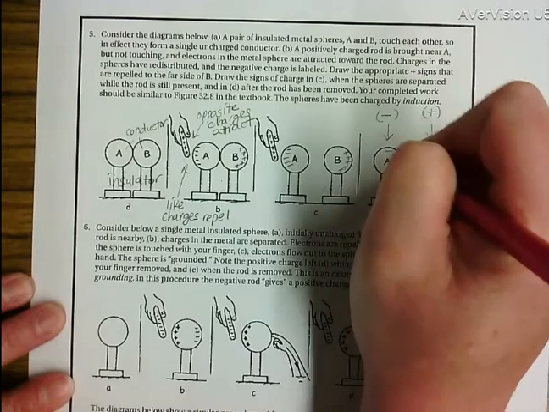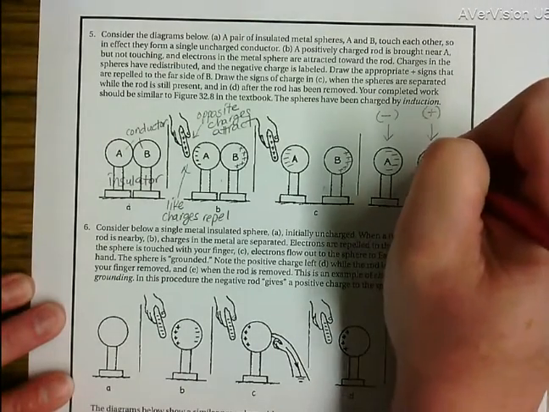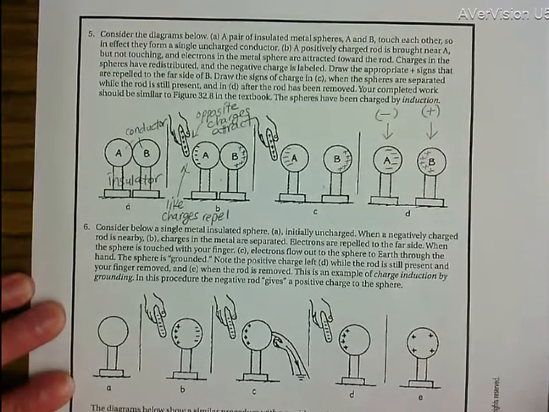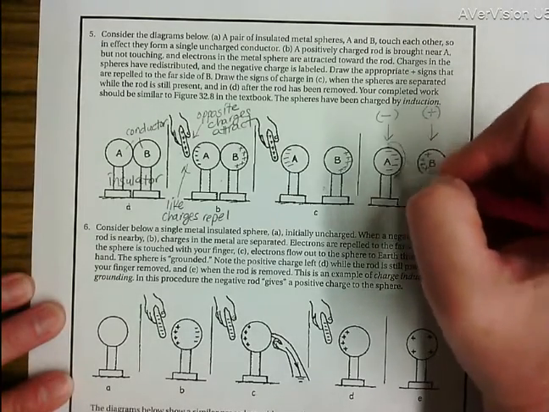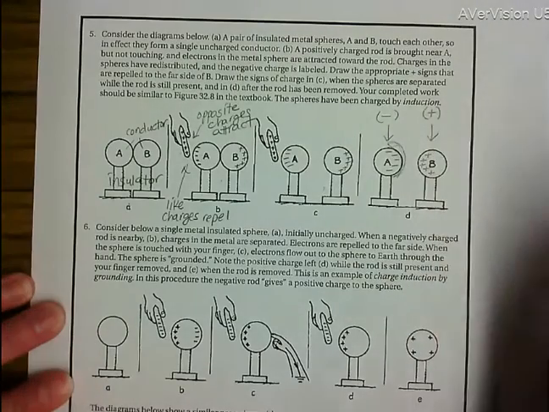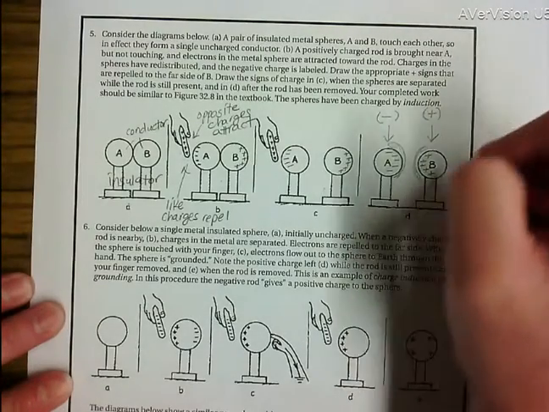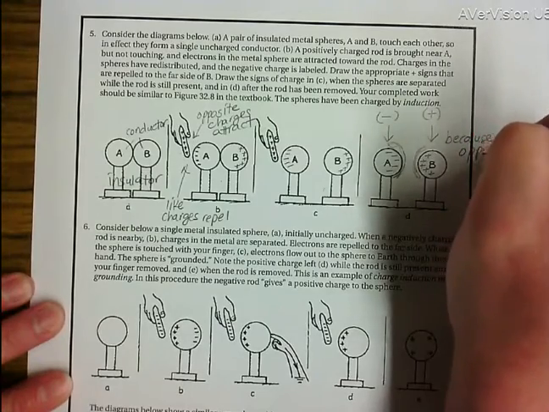So this negative charge is going to be attracted to the positive charge of B. So the negative charges are along this surface of A, and the positive charges are along this surface of B because opposite charges attract.